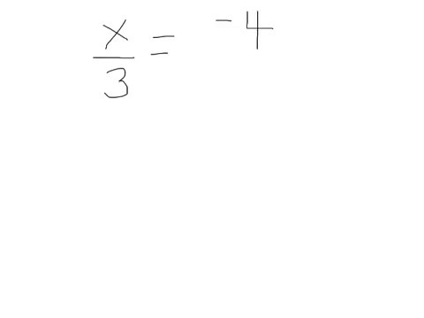So in order to isolate for x, I need to multiply my left side by 3. And if I'm going to multiply my left side by 3, I must multiply my right side by 3. I chose 3 because I know that 3 divided by 3 is equal to 1. Therefore, those will cancel out. So the denominator will always be what you multiply the left and right side by. This leaves me with x equals negative 12.